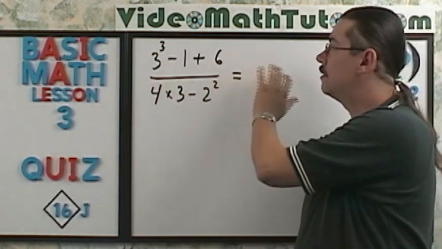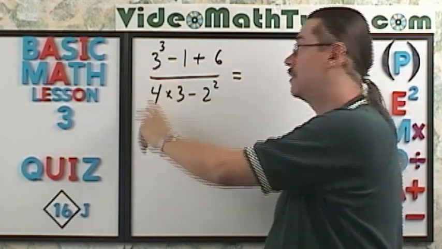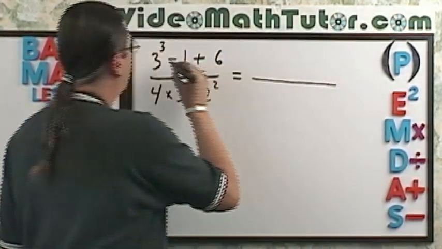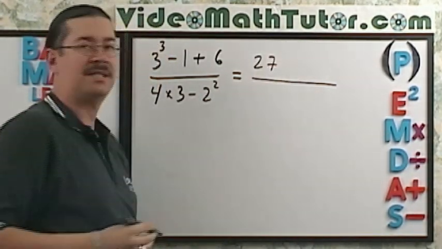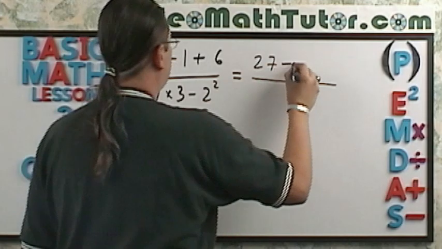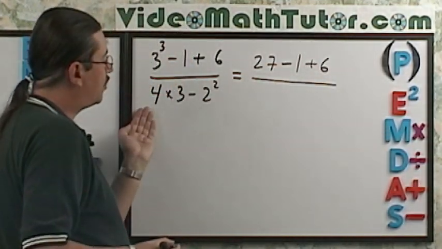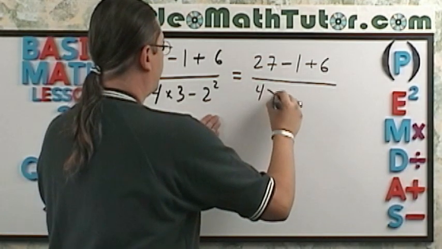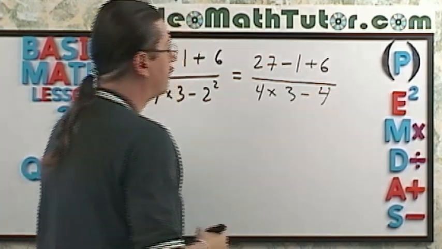So looking at this, order of precedence for the numerator is we've got to do the exponent first. So 3 cubed is 3 times 3 times 3, which is 27. And the rest just stays the same. In the denominator, the order of precedence is the exponents have the highest, so the rest just stays the same. 2 squared is 4.